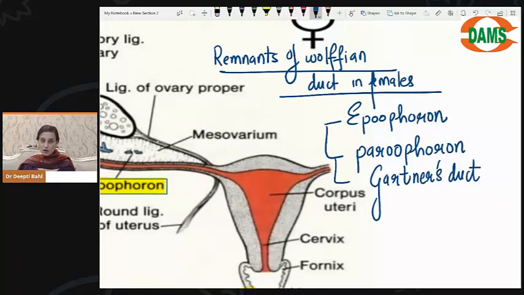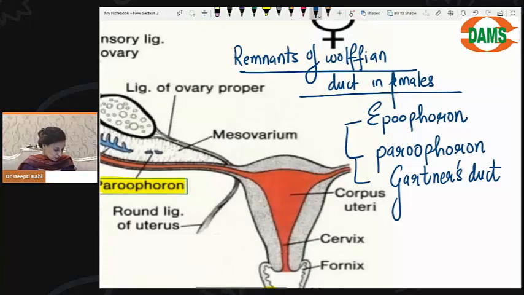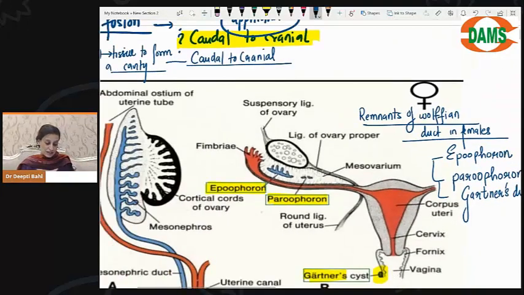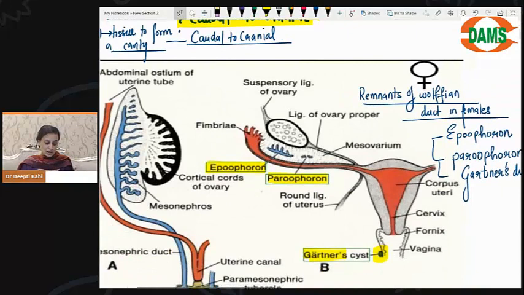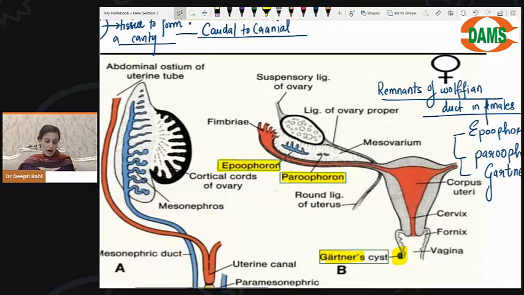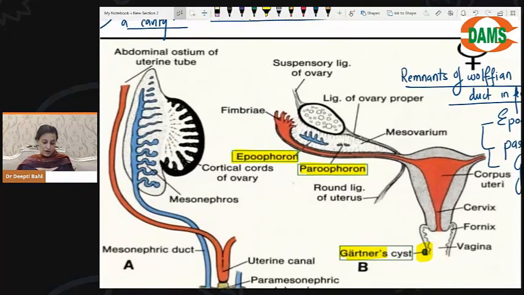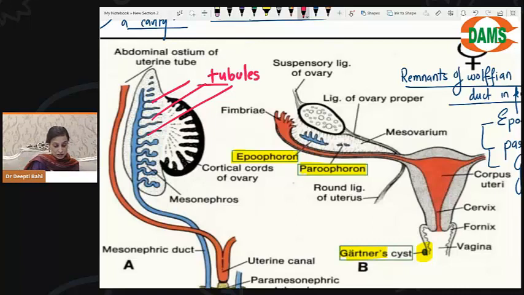Now, let us look at the corresponding part in the male as well. Okay, let's look at this. If you see the mesonephric duct here, it has these structures. These structures that you see in the mesonephric duct are called mesonephric tubules.